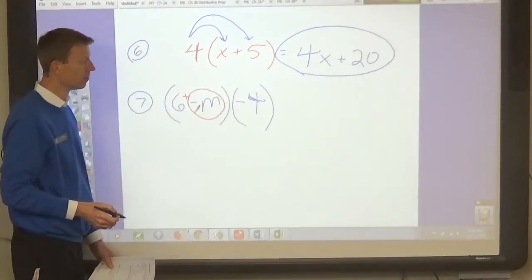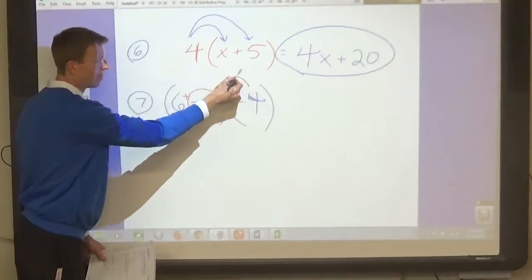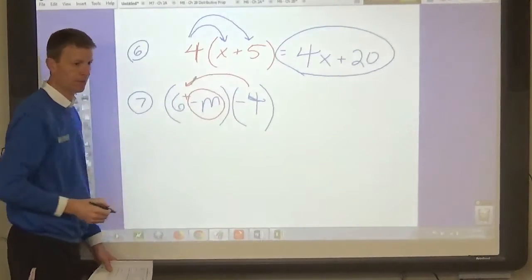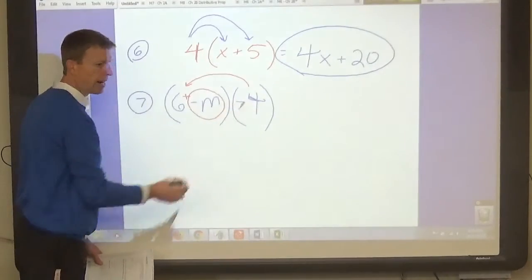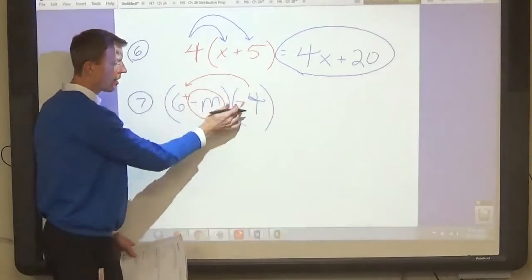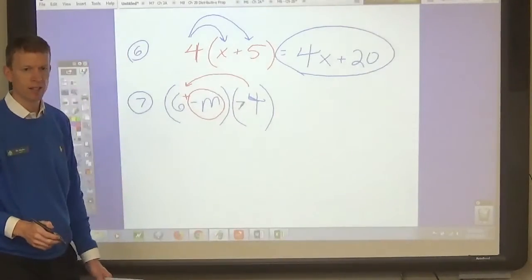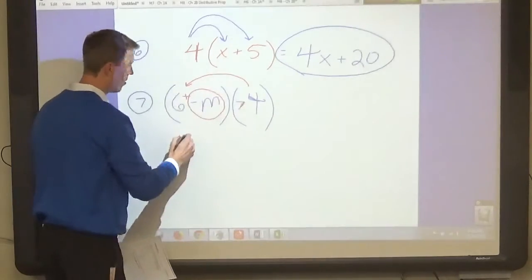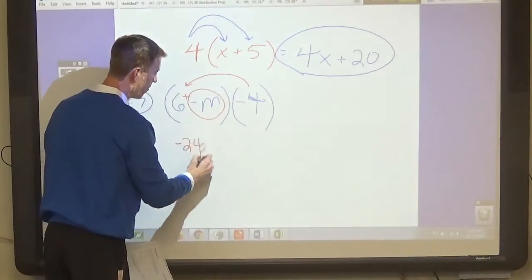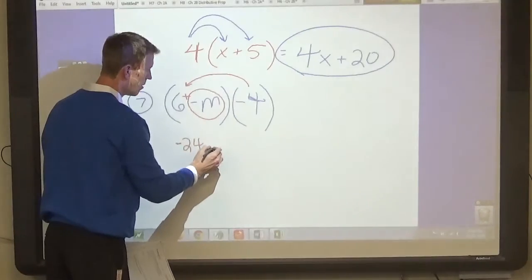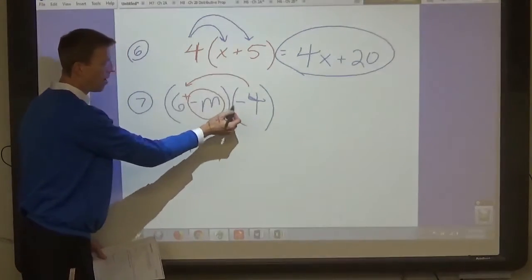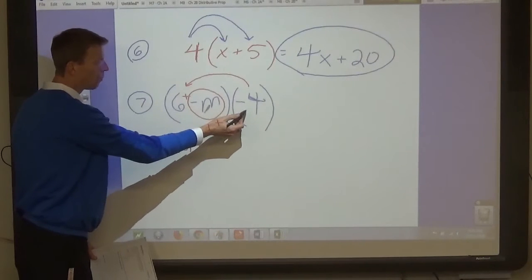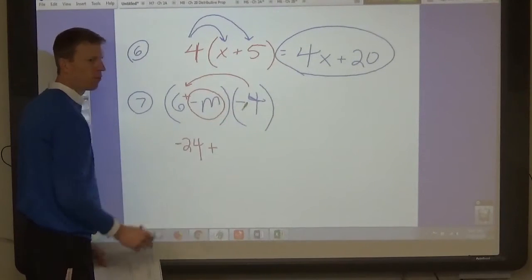Now what? 4 times 6. Okay, is this 4 or negative 4? Remember the minus sign in front of the number, so it's negative 4. And negative 4 times 6 is negative 24. Plus, now, what do we multiply the negative 4 by?